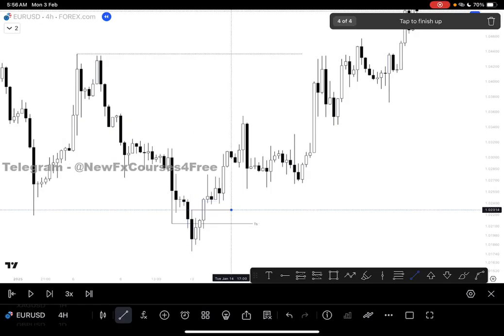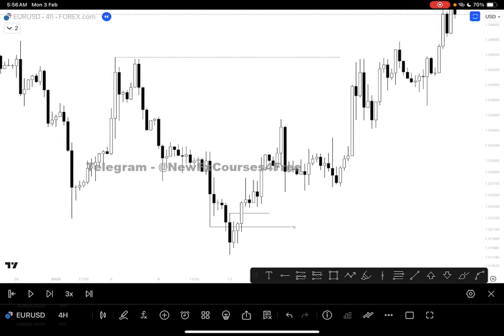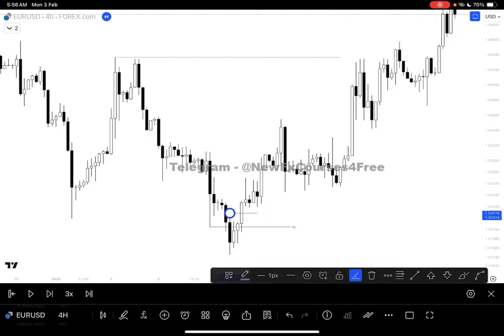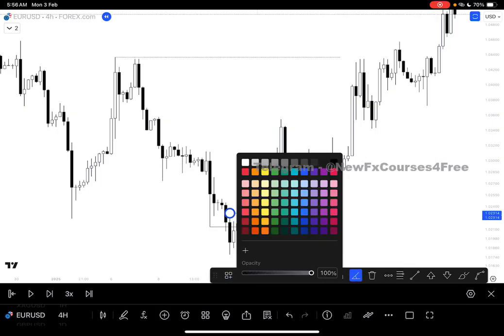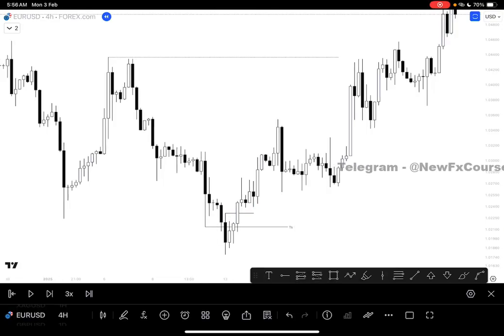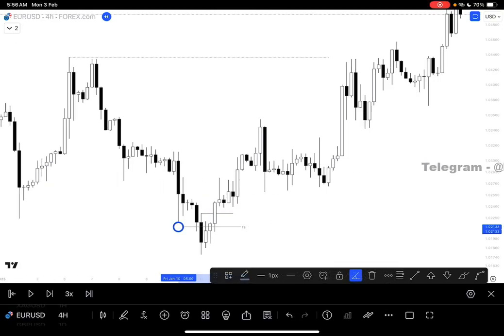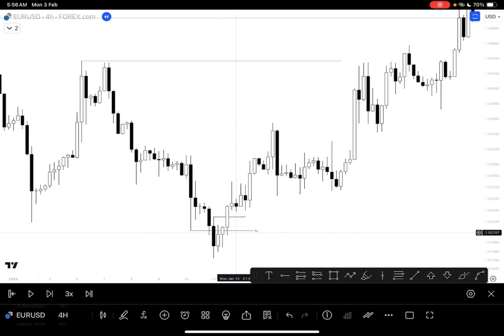Market actually closing above this candle is actually telling you the market has actually changed its state of delivery. It might not actually retrace to this, and it might keep expanding. Just in this case, you can see the market didn't retrace to this, it went up higher.